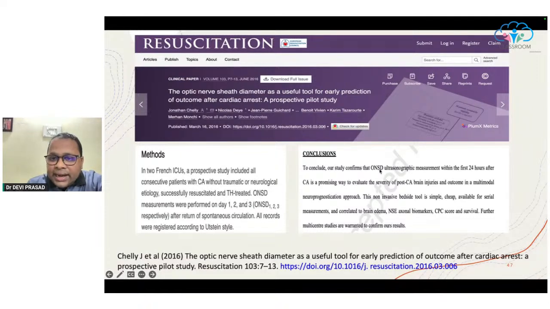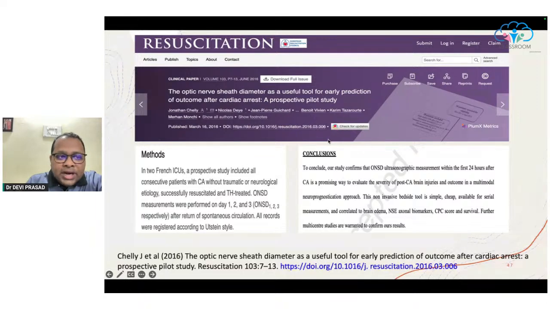And they concluded that ONSD ultrasonographic measurements within the first 24 hours after cardiac arrest are a promising way to evaluate the severity of post-CA brain injuries and outcome in a multimodal neuroprognostication approach. And this is simple, cheap, available for serial measurements, and correlated to brain edema, neuron-specific enolase, axonal markers, CPC score, and survival.